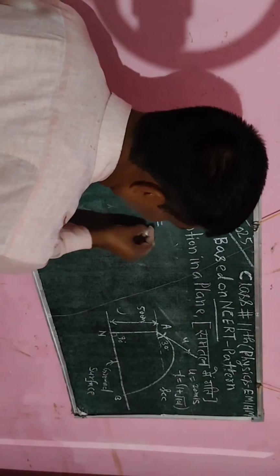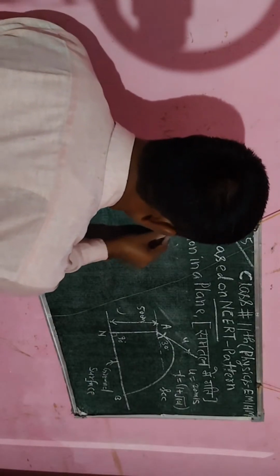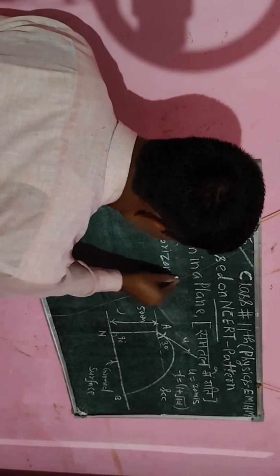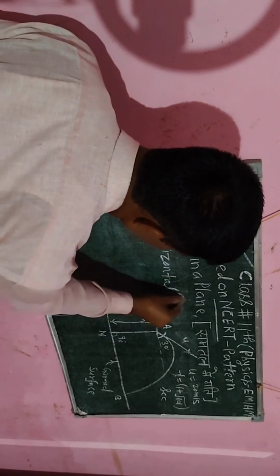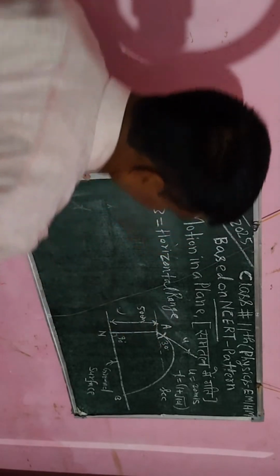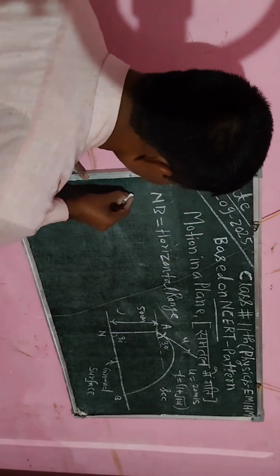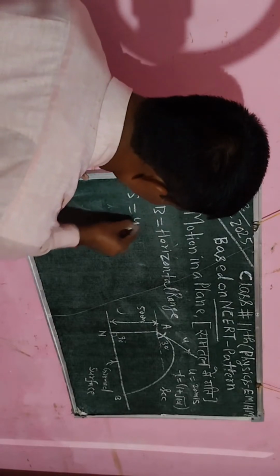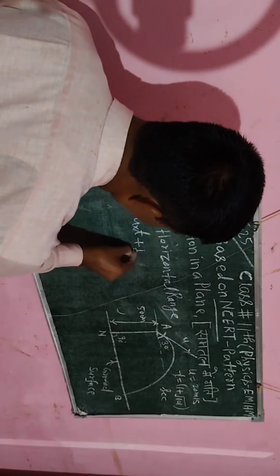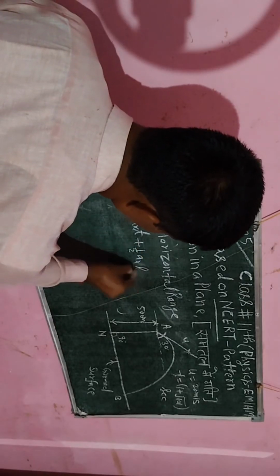MB is equal to the horizontal length, and that can be obtained by the formula: horizontal length is equal to u_x t plus half a_x t square.